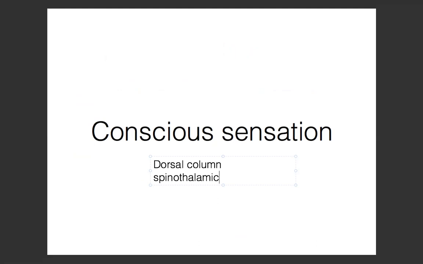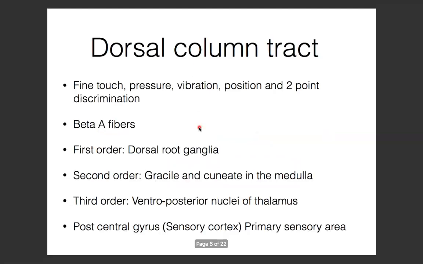And these two are probably your most important tracts in all of tractology. If you understood these two you're practically good to go. If you get these two, nothing else in tractology will defeat you. So we said for conscious sensation we have the dorsal column and the spinothalamic. Let's start with the dorsal column.